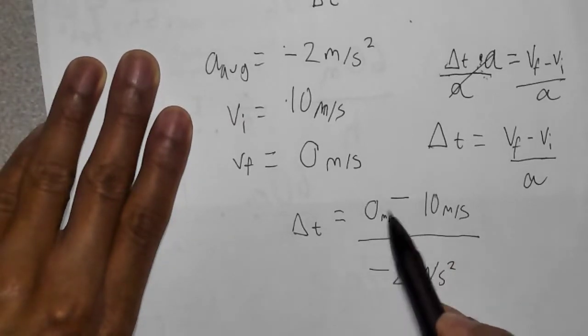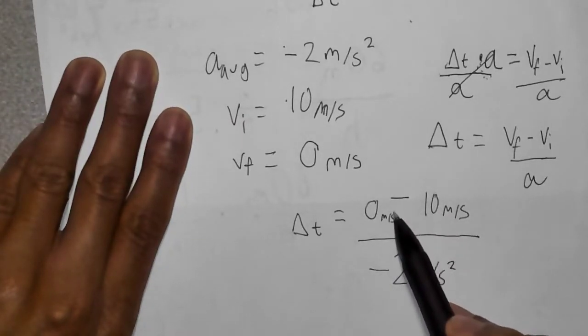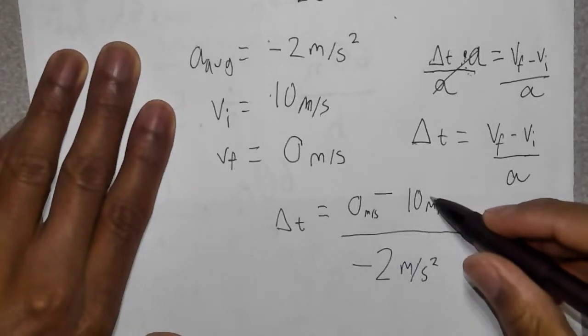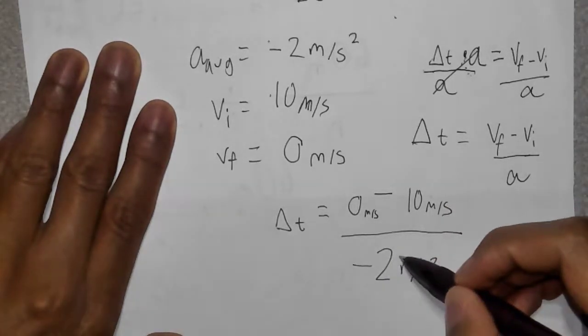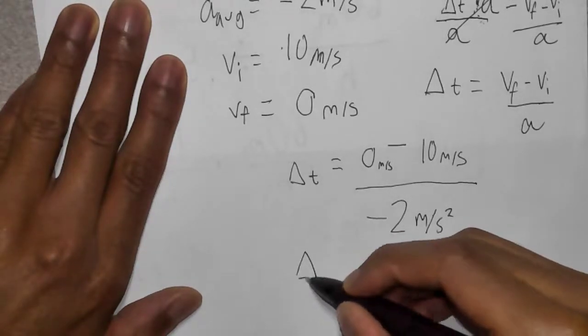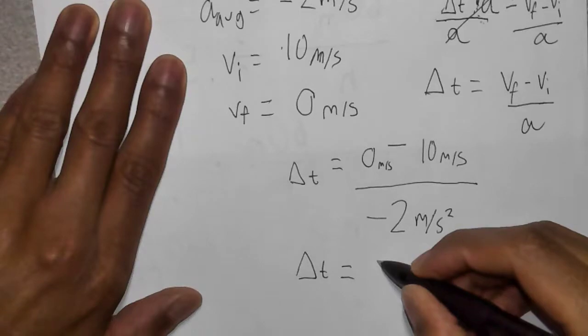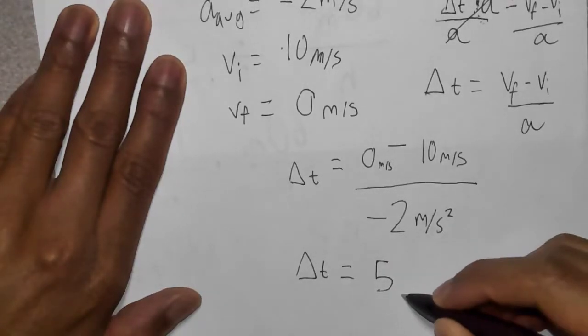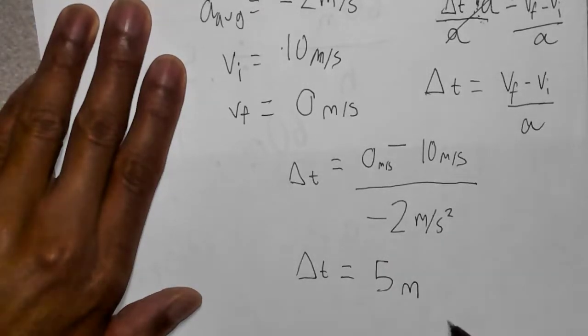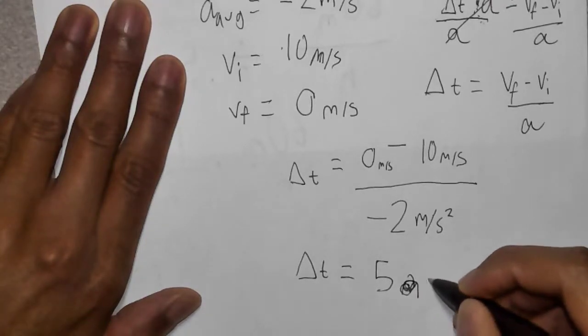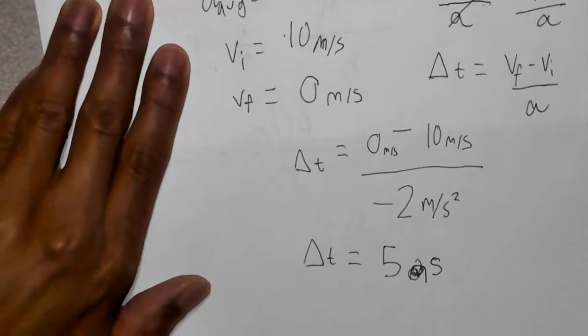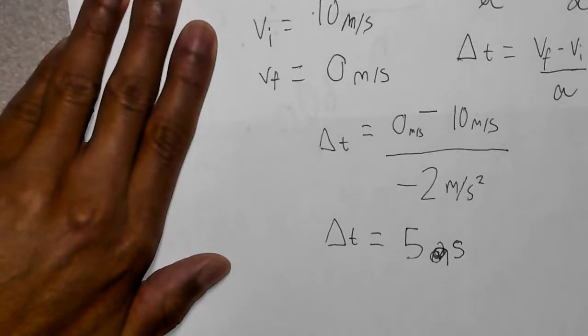So the top expression, 0 minus 10, is just -10. So we have -10 divided by -2. So change in time is just positive 5 meters. Sorry, not 5 meters, 5 seconds. So change in time was 5 seconds.